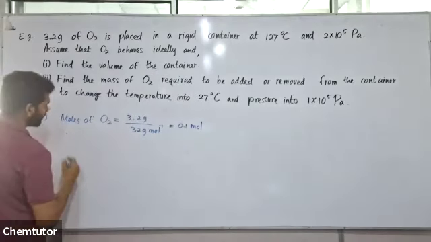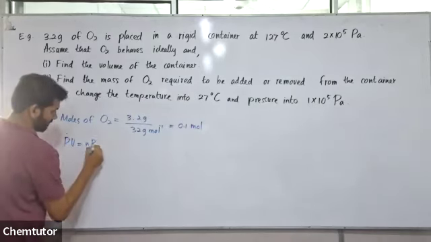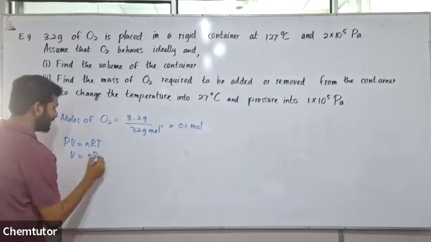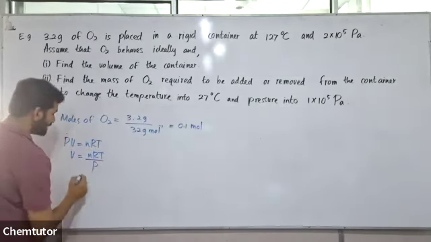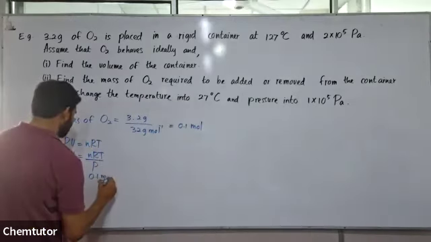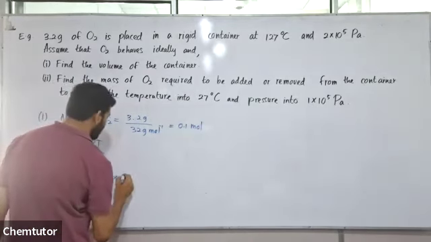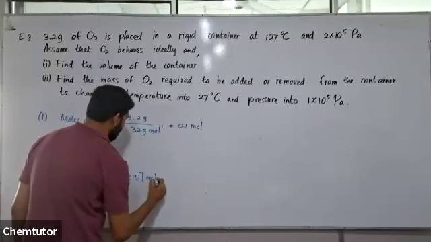Then we can apply PV equals nRT and V equals nRT over P. So n is the number of moles, that is 0.1. R is 8.314 joules per mole per Kelvin.